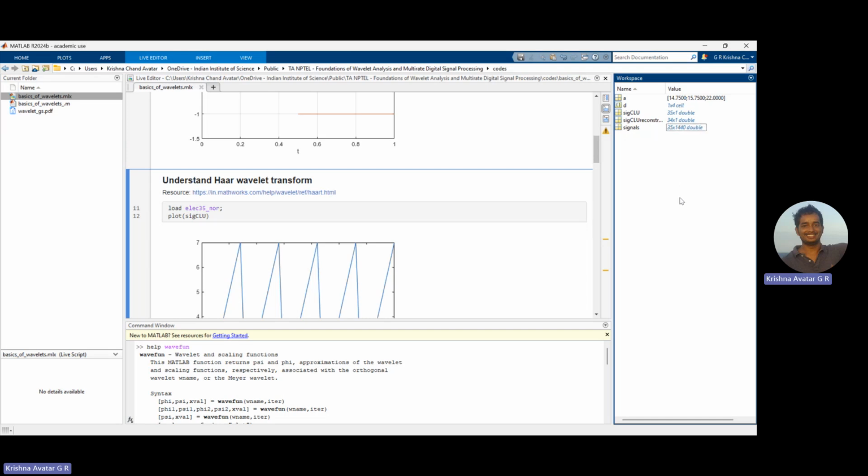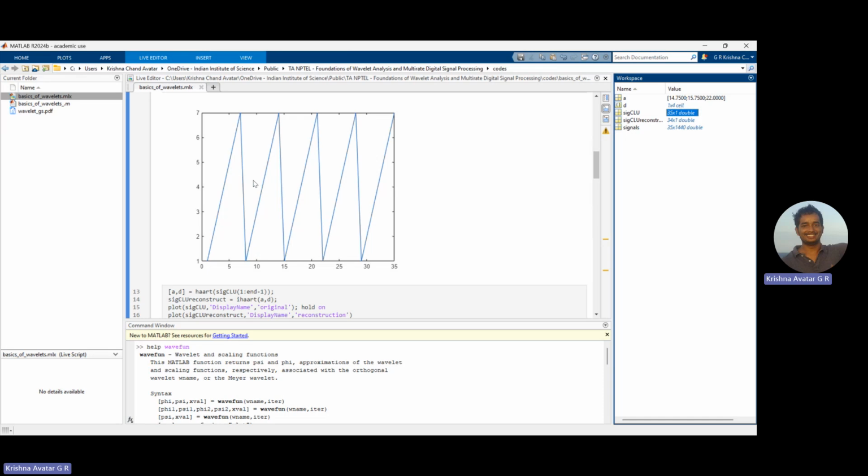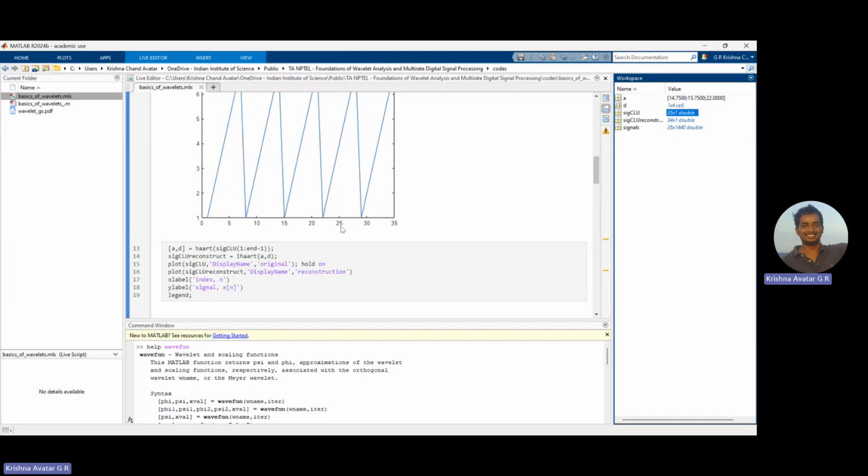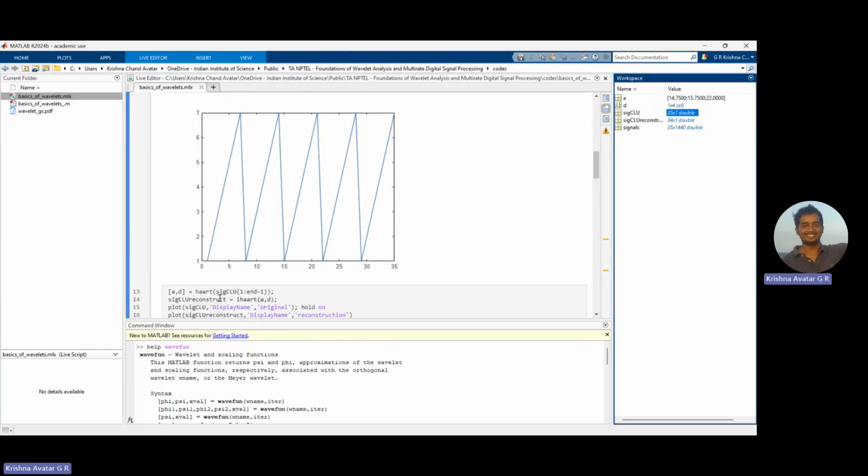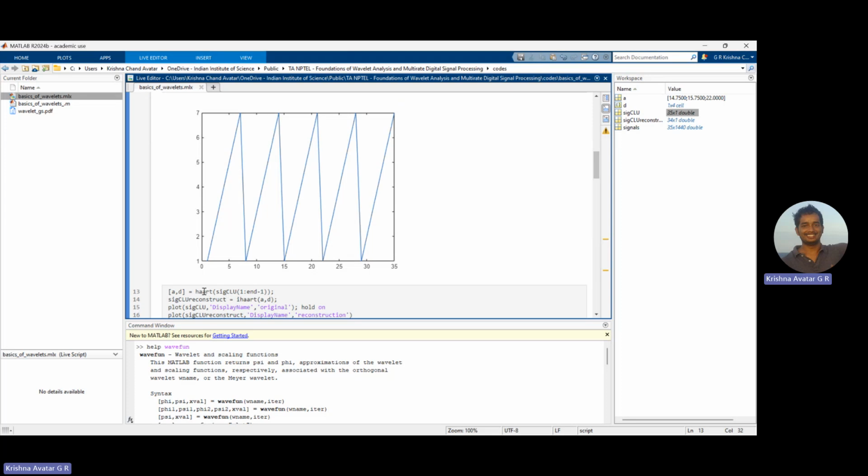So let's just deal with a 1D signal, which is just this vector. That's the reason I have plotted sigCLU, and this gives us some sawtooth-like representation. And what we did here is that I used Haar wavelet to approximate this, and I use this transformation function called haart.